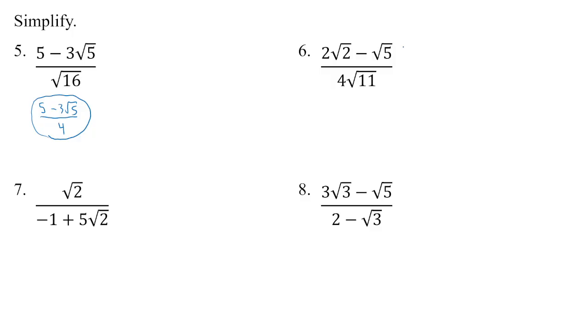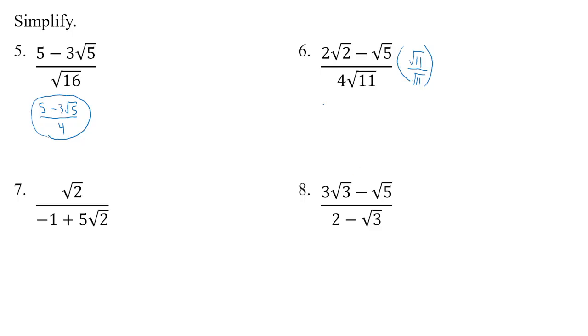Therefore, to get rid of the square root in the denominator, we're going to multiply the numerator by the square root of 11 and the denominator by the square root of 11. You're going to multiply both your numerator and your denominator by that square root.